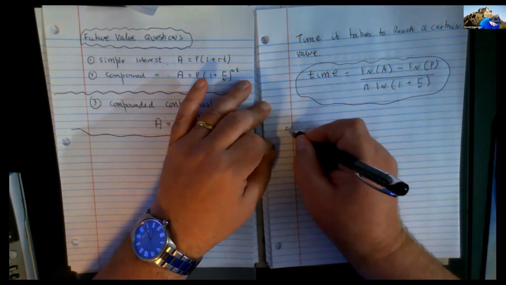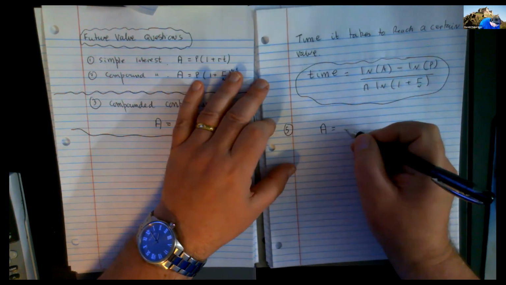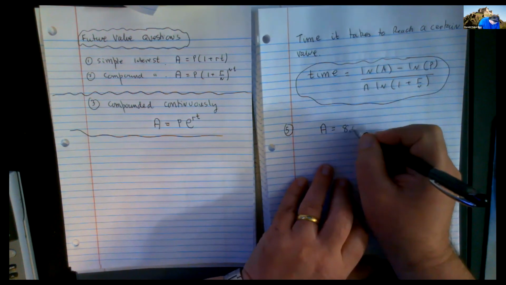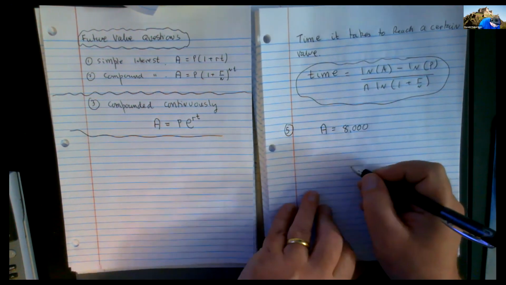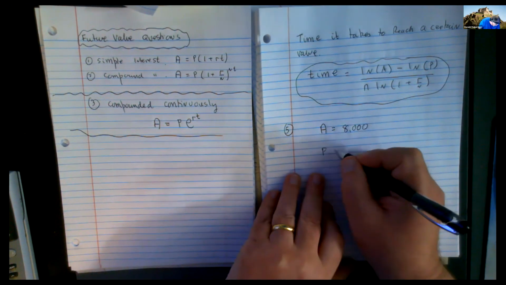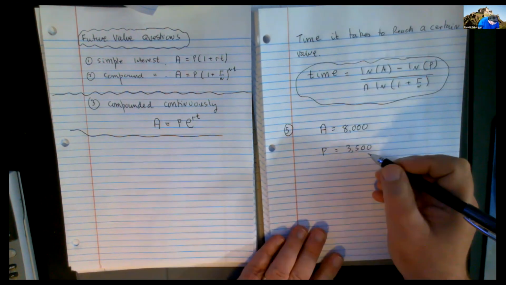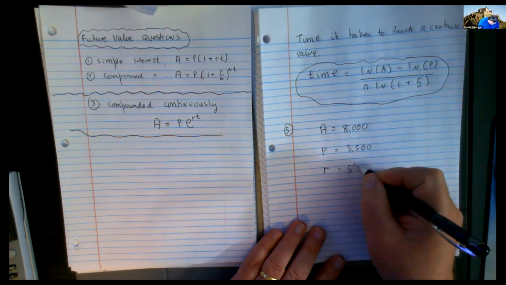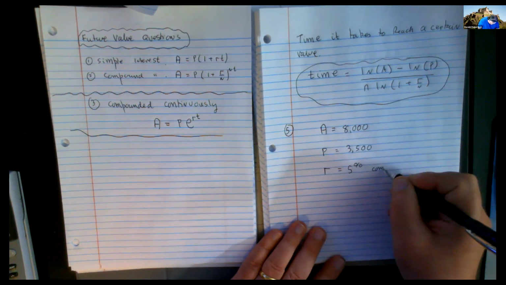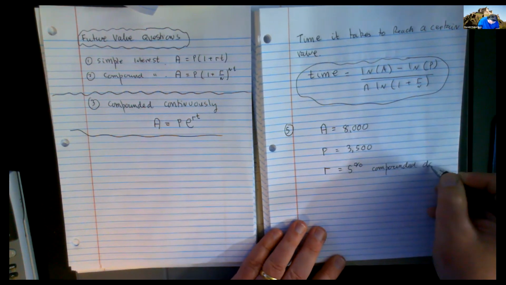In question 5, how long will it take you to get $8,000 if you started with $3,500 and the interest rate is 5% compounded daily?